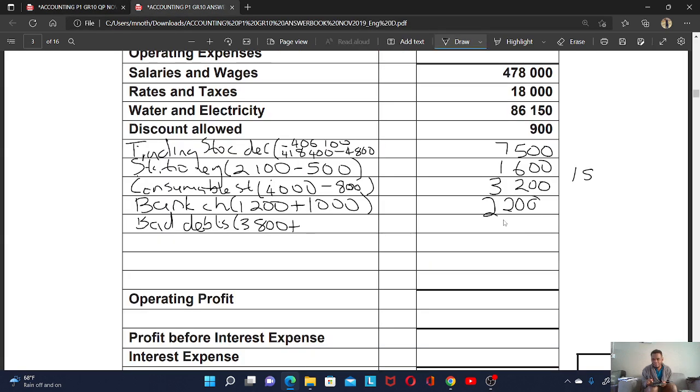So 1,500 times 40% is equal to 600 rand. So 2,800 plus 600. The answer is 4,400. Let's continue.